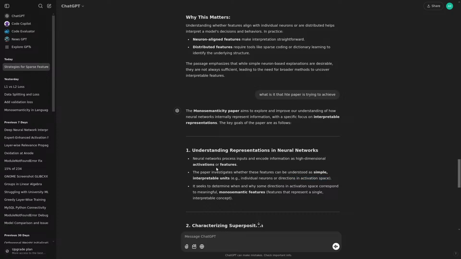It seeks to determine when and why some directions in activation space correspond to meaningful monosemantic features, features that represent a single interpretable concept.